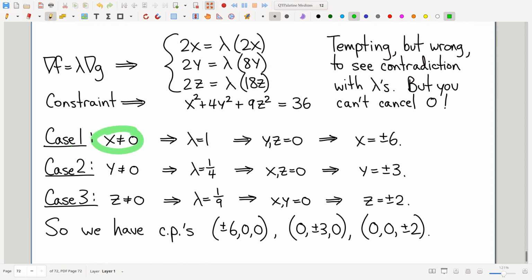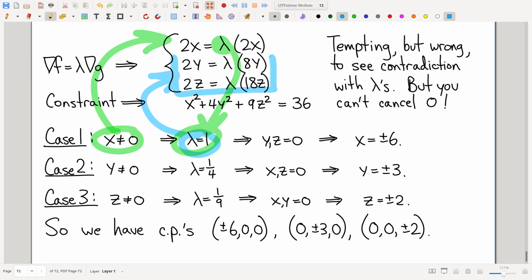So, for example, if x is non-zero, then yes, indeed, lambda has to equal 1. If lambda is equal to 1, that would mean that y and z have to be 0.